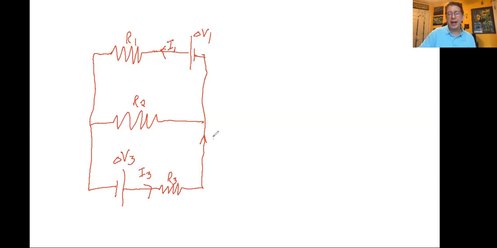On the left side, you have I3 going up and you have I1 going up also. We want to figure out what direction to assign to R2. So this doesn't really help us much. But for the sake of simplicity, we'll have I2 pointing to the right. And so you have two junctions.